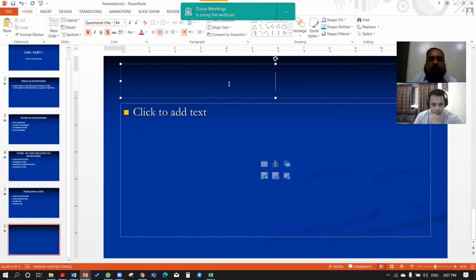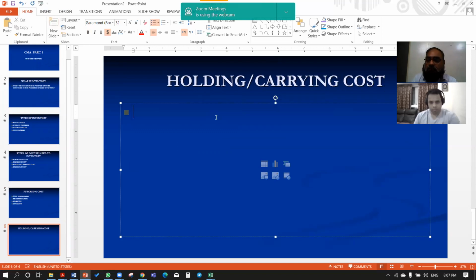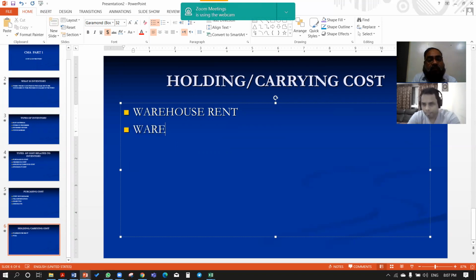And if I say holding cost, what could be holding cost? For example, warehouse expenses, warehouse rent, warehouse utilities.